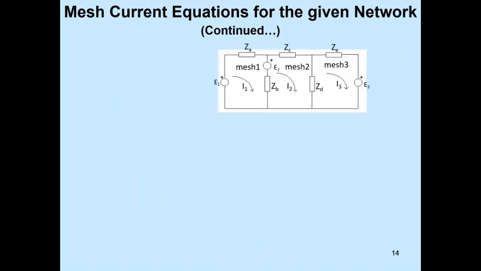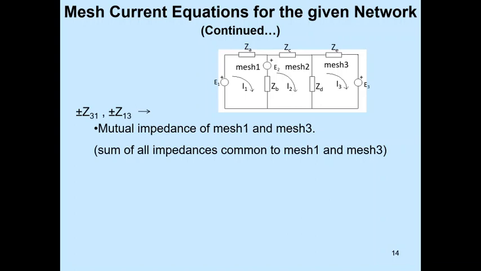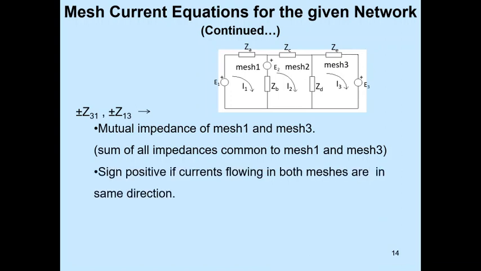Similarly, Z31 and Z13 are the transfer impedances, or mutual impedances, between mesh 1 and mesh 3. Here the direction depends upon the current flowing in the common element between mesh 1 and mesh 3, and that decides whether the transfer impedance is negative or positive.